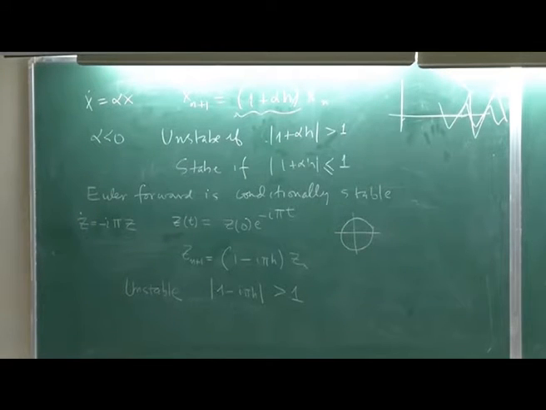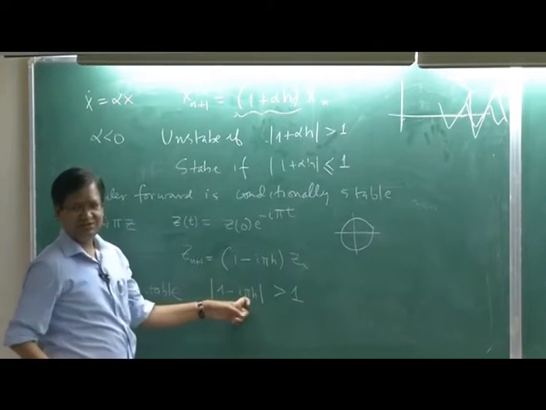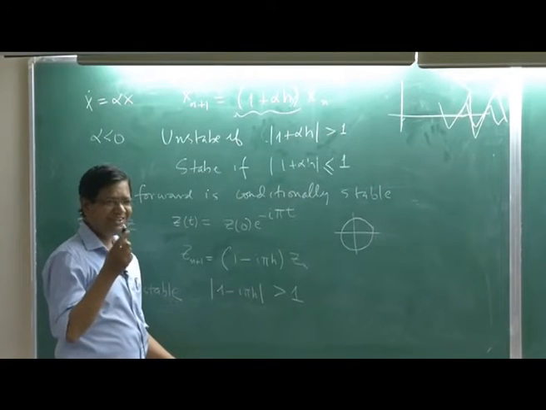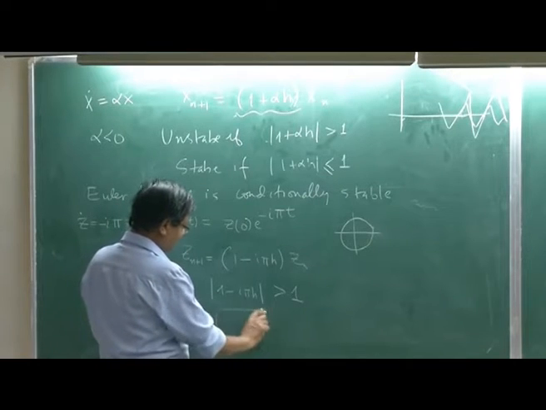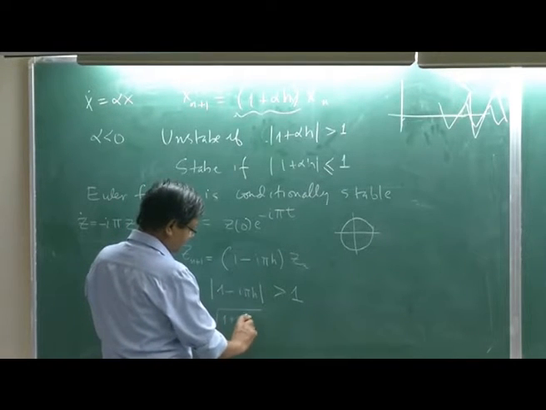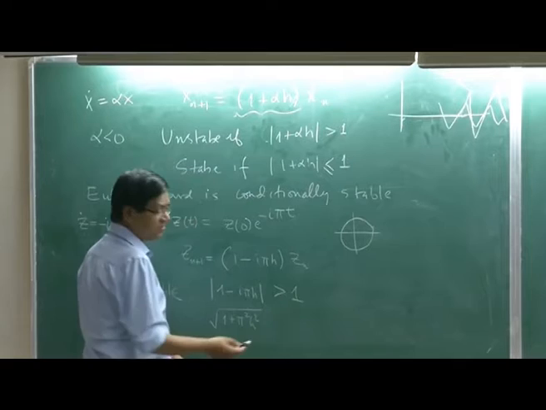So, is it true or not true? Is this quantity always greater than 1? Yes, it is a complex number, it is purely imaginary. h is always positive, okay, h cannot be negative. So this is the square root of 1 plus pi squared h squared, so it is always greater than 1.